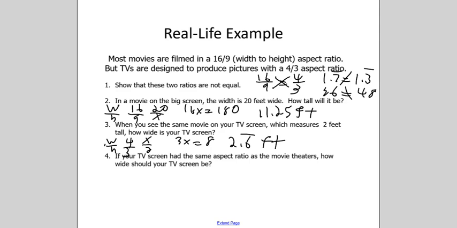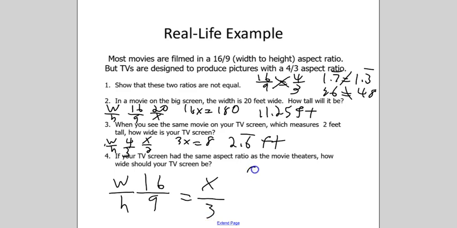If your TV screen had the same aspect ratio as the movie theaters, how wide should your TV screen be? So, 16:9, again, width to height. So now we're looking at the TV. We're trying to find the width. So my height is 3.